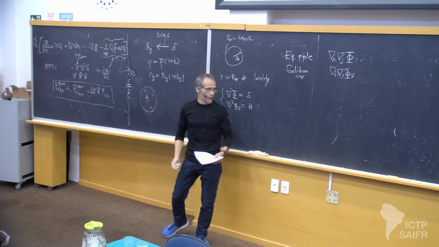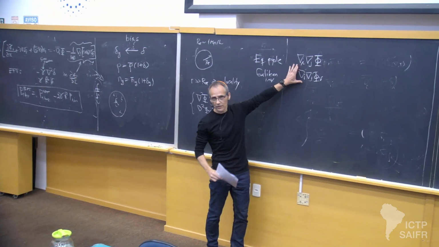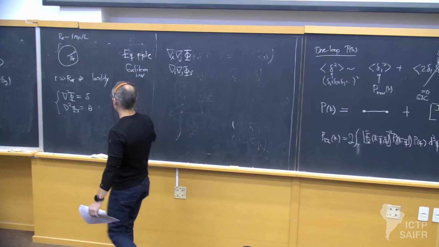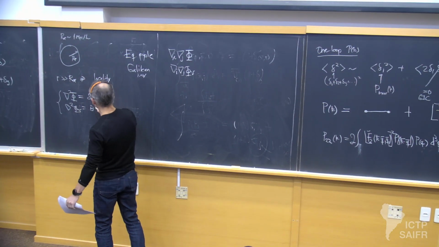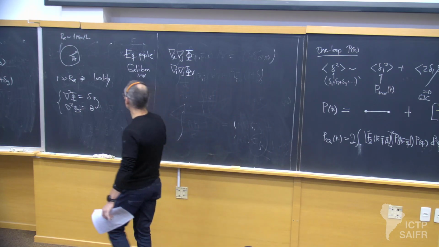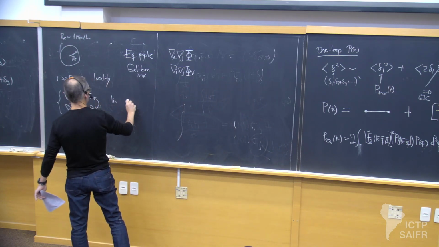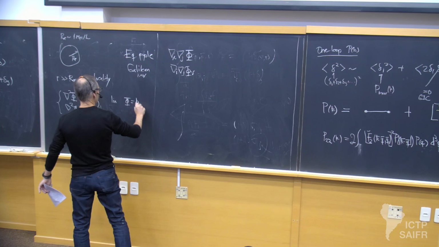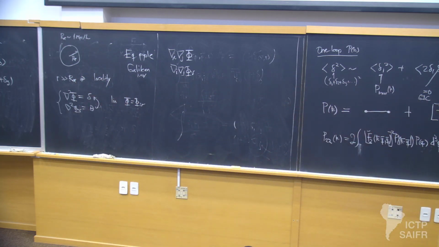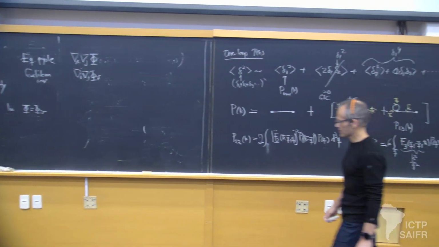So now we have to form all the scalars that we can construct out of these. Also remember, in linear theory, these guys are equal up to the Hubble constant, which I'm ignoring in these arguments. So in linear theory, as we discussed, assuming the linear growing mode and so on, these two potentials are the same.